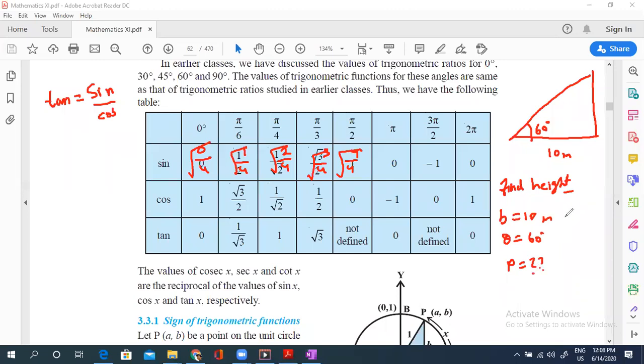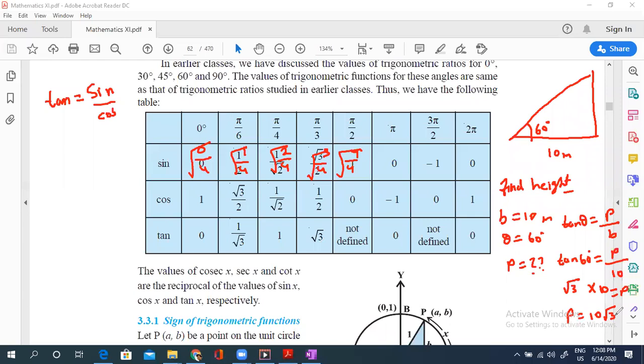So we can use tan theta is equal to perpendicular by base. Theta is 60 degree, so tan 60 degree is equal to perpendicular by 10. We know that tan 60 is root 3. That's how we use the value. Root 3 into 10 is your perpendicular. So P is equal to 10 root 3.